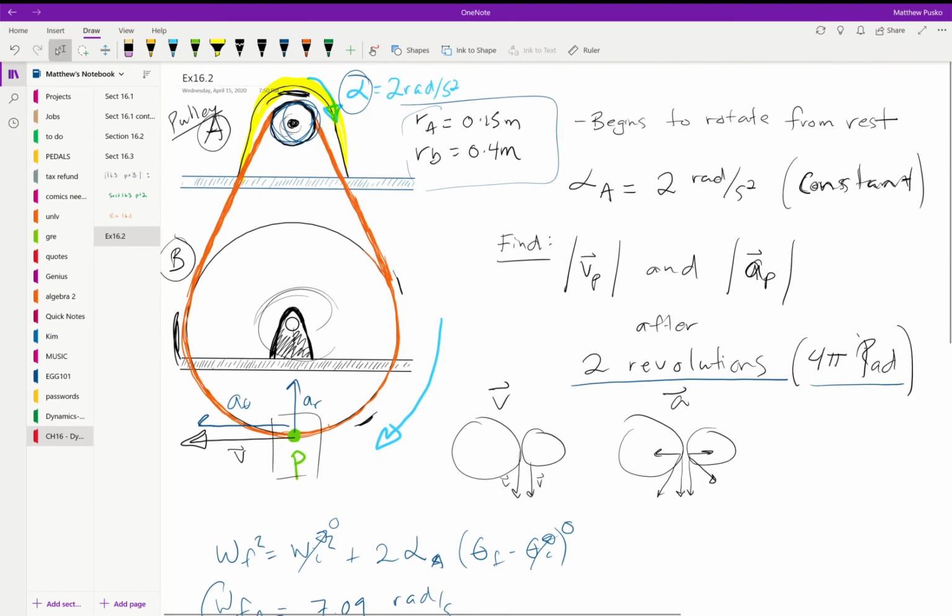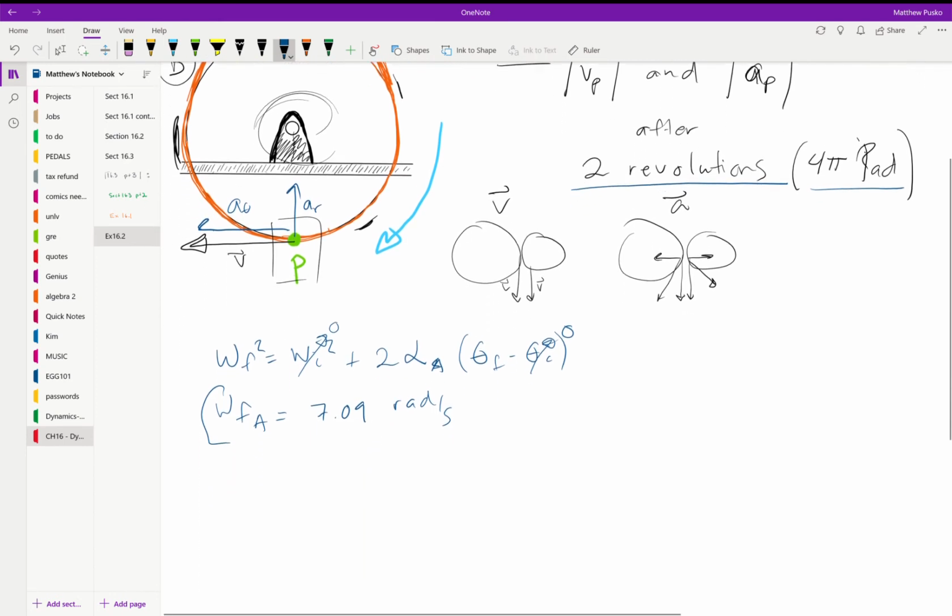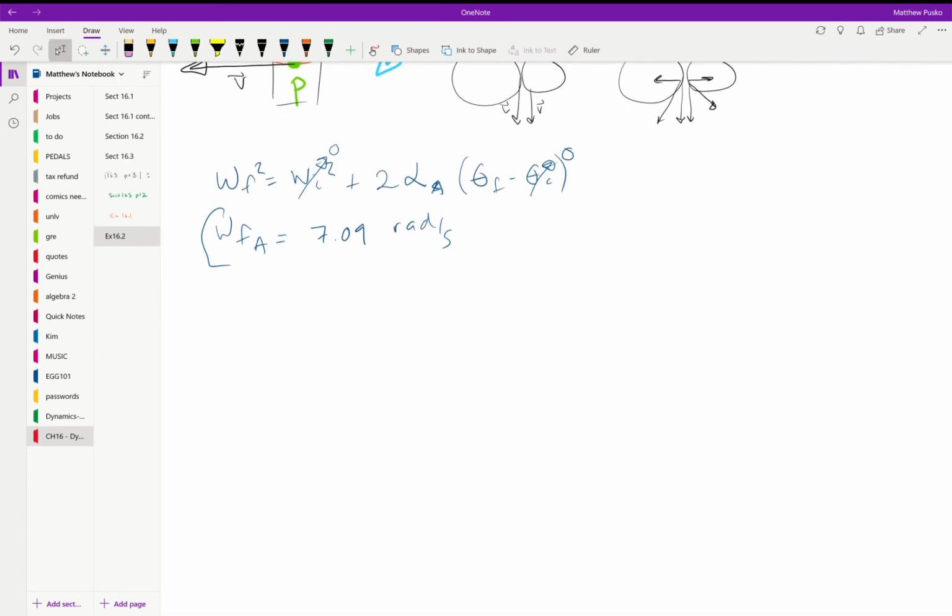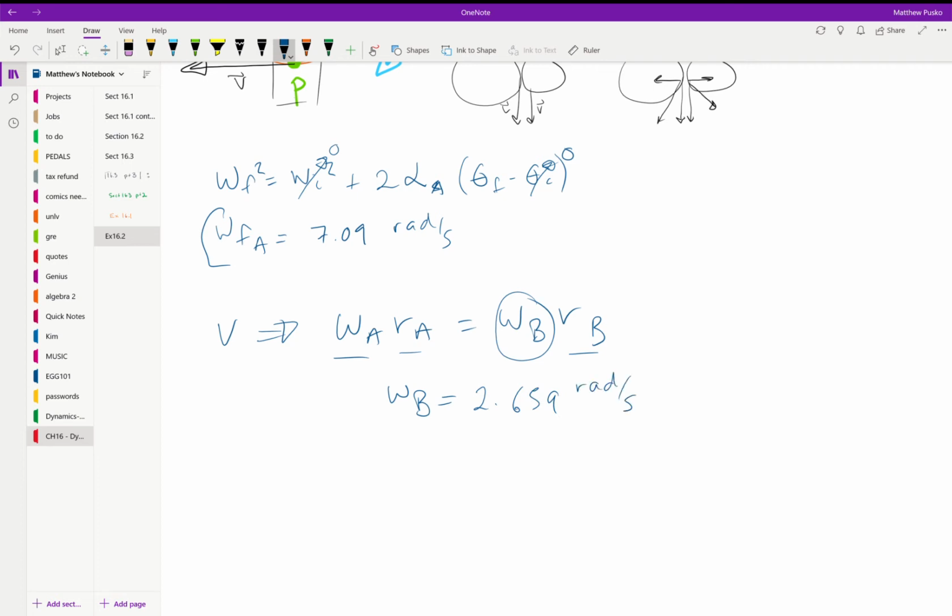Since this thing has the same speed everywhere, we can figure out, just like if they were gears, what omega B is. So the velocity of each point, we would say omega A RA is equal to omega B RB. Okay, we know this, and we know that now. Well, we can find omega B, and that comes out to be 2.659 radians per second.